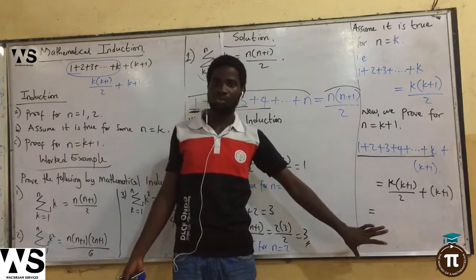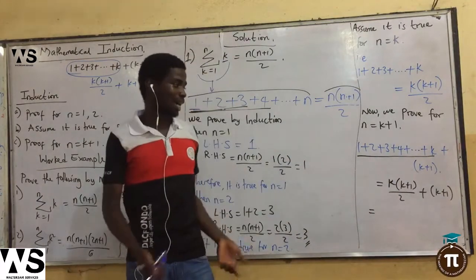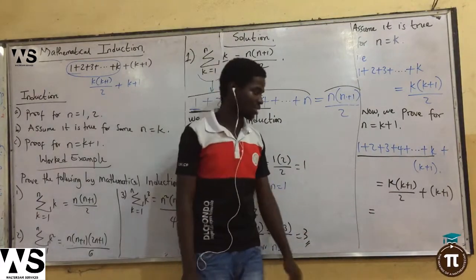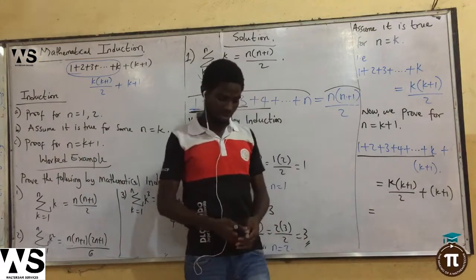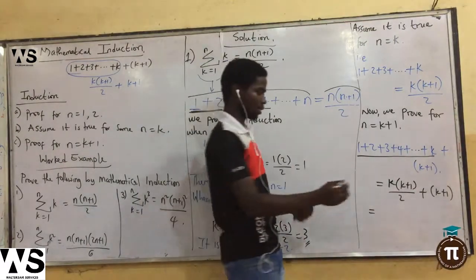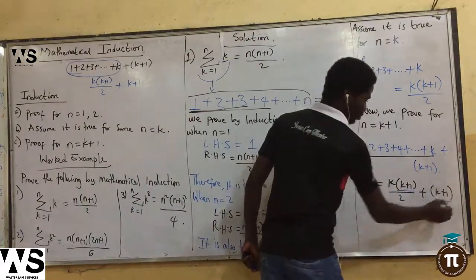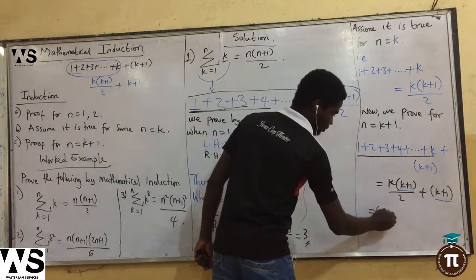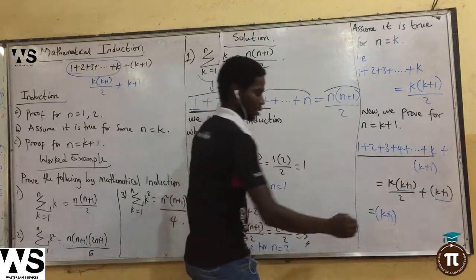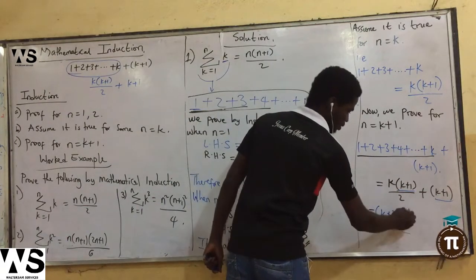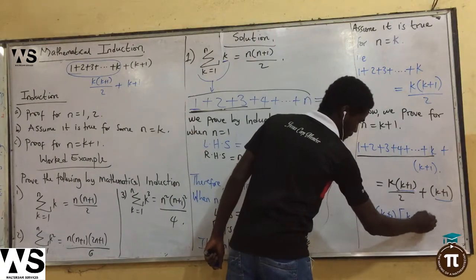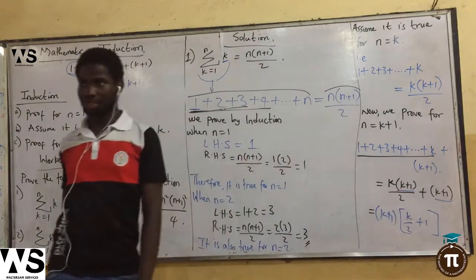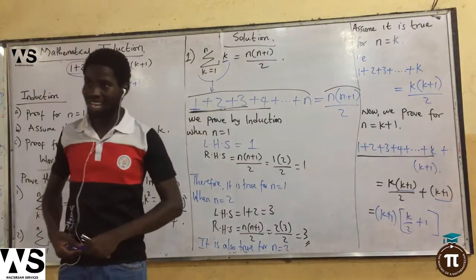You factorize eventually, and I can just factorize immediately. k plus 1 is here, k plus 1 is here. Factorize k plus 1. Let me even open a big bracket. You have k over 2, isn't it? Do you understand?